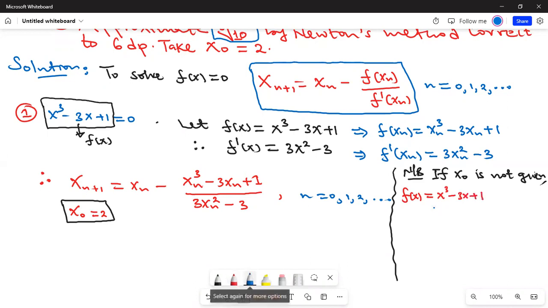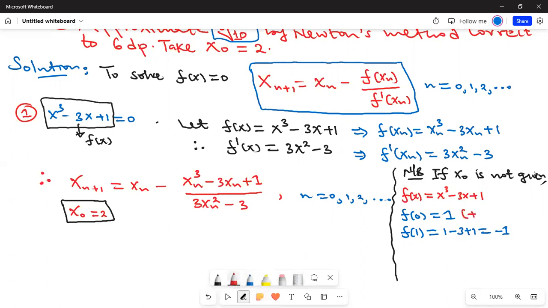Now, if I put x equals 0, I'm going to get 0 cubed minus 3 times 0 plus 1, which is 1. If I put x equals 1, f of 1 will be 1 cubed, which is 1, minus 3 plus 1, and that is negative 1.